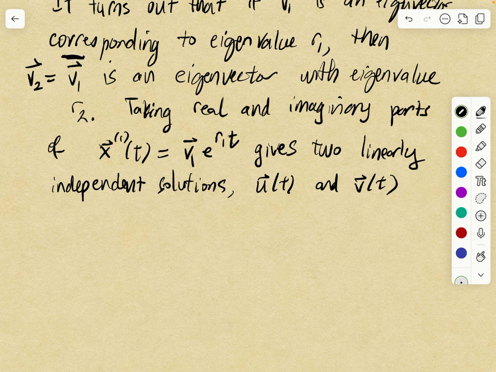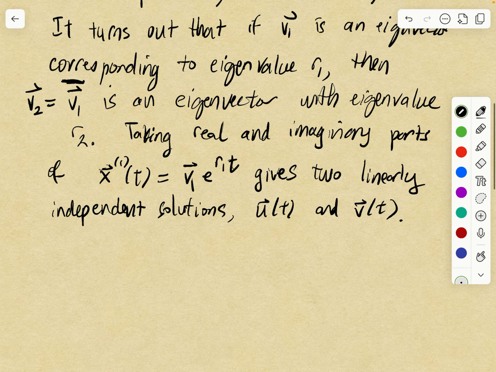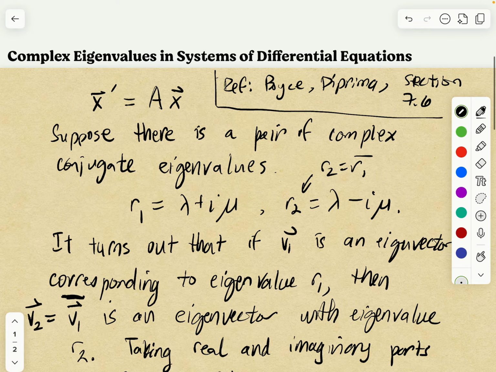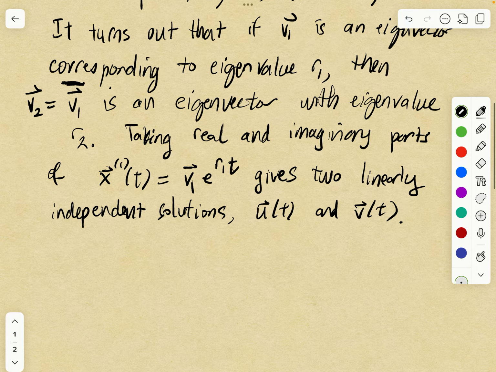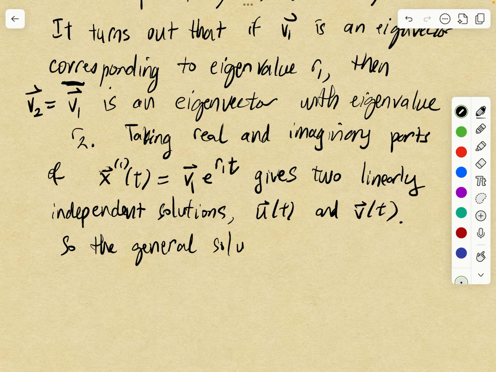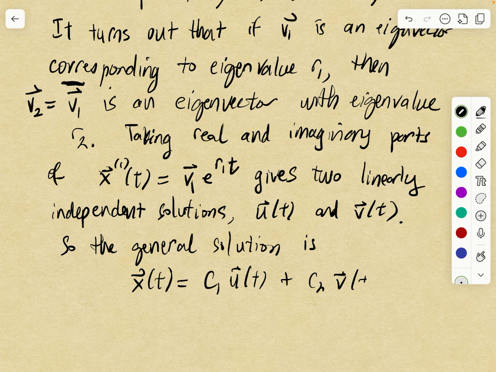And these are going to be real valued functions that are solutions to your differential equation. So once you have your u of t and v of t, you know they're linearly independent, then that's going to give your answer. The general solution, talking about the real valued functions that satisfy the differential equation, is x of t equals c1 u of t plus c2 v of t, where c1 and c2 range over all real numbers.